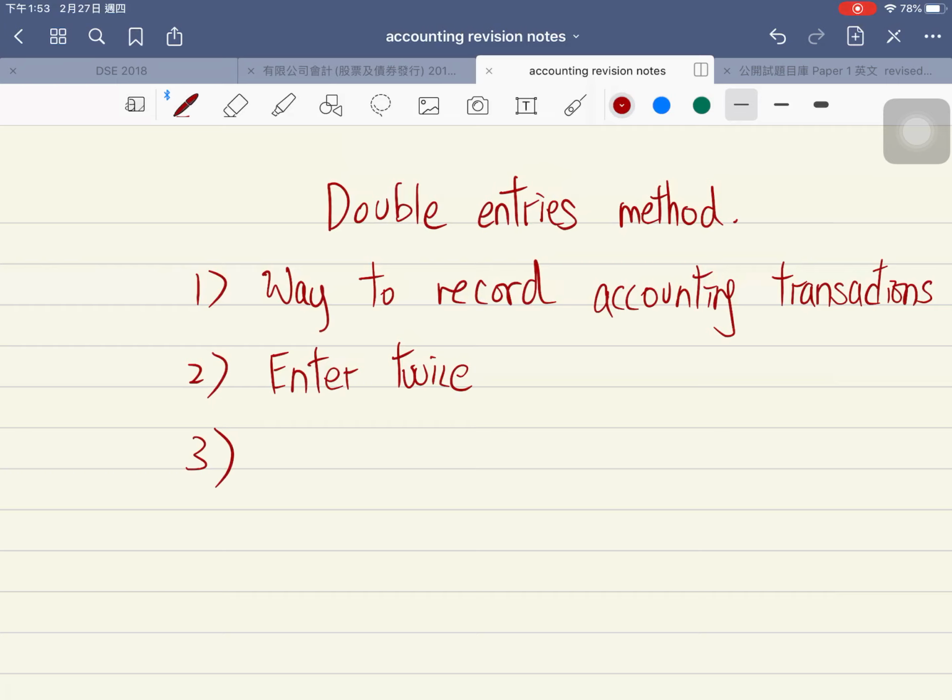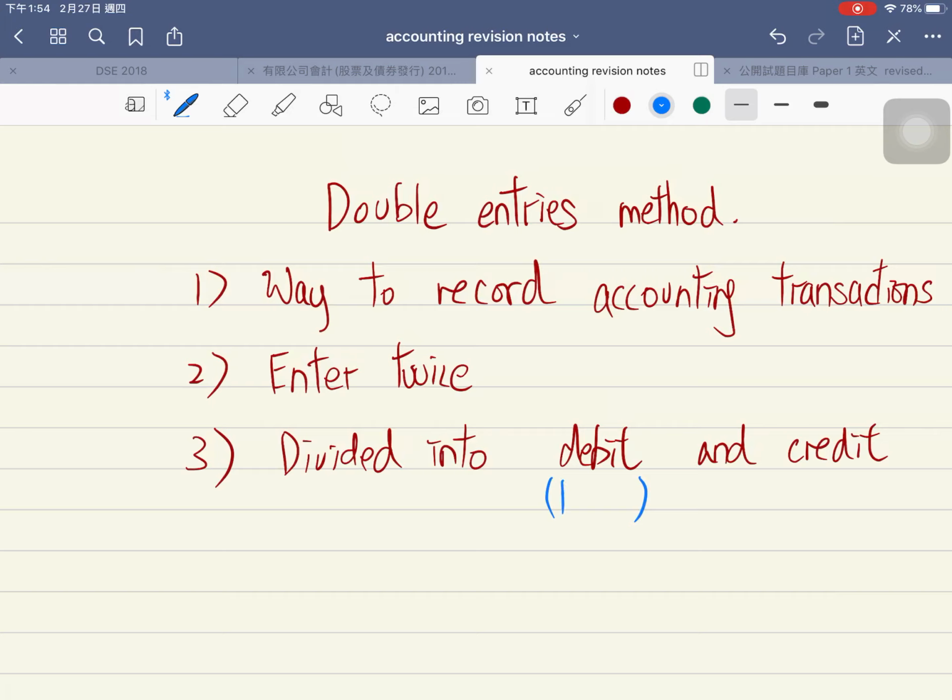Okay, it's divided into debit side and credit side. For debit side, we usually call it left hand side.